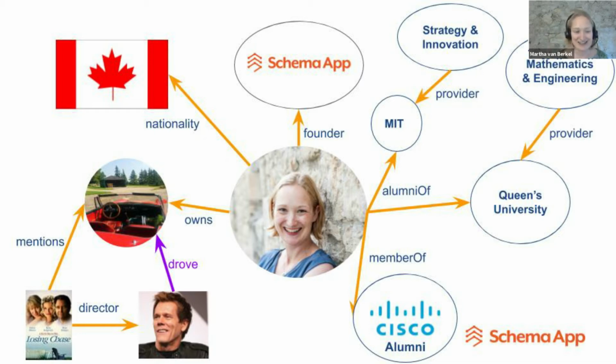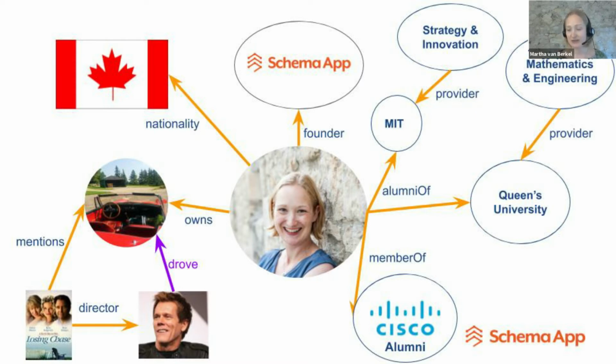I am Canadian, and I used to own a beautiful 1965 Austin Healey Sprite. Why do I mention this? Knowledge graphs are interesting in that schema markup can tell you interesting things about a company. In my case, the Austin Healey that I used to drive was actually a star in the movie Losing Chase that was directed by Kevin Bacon.